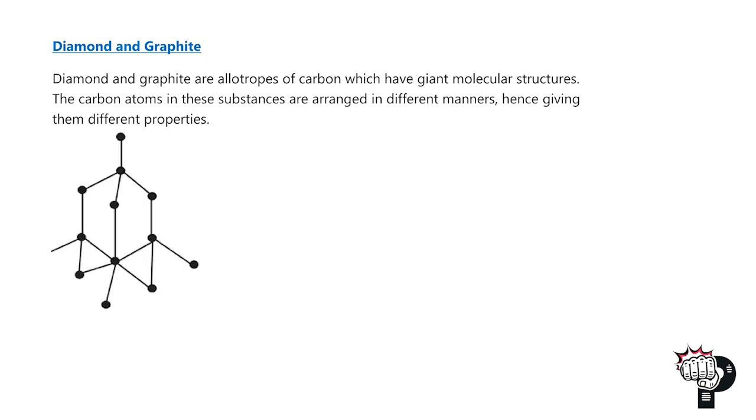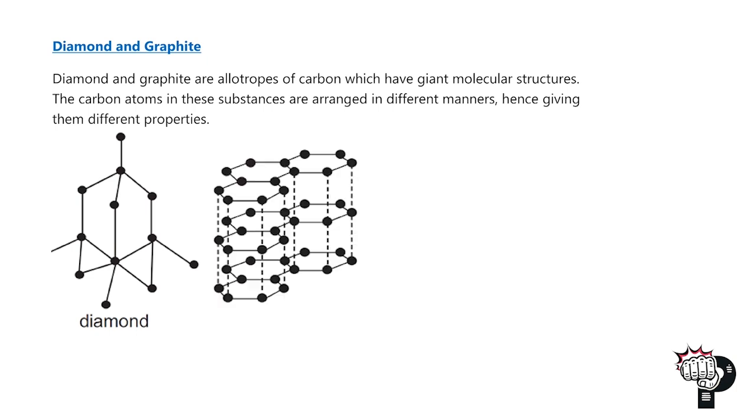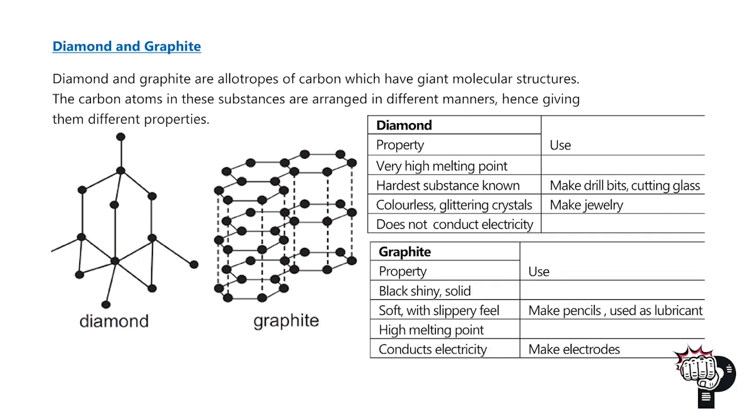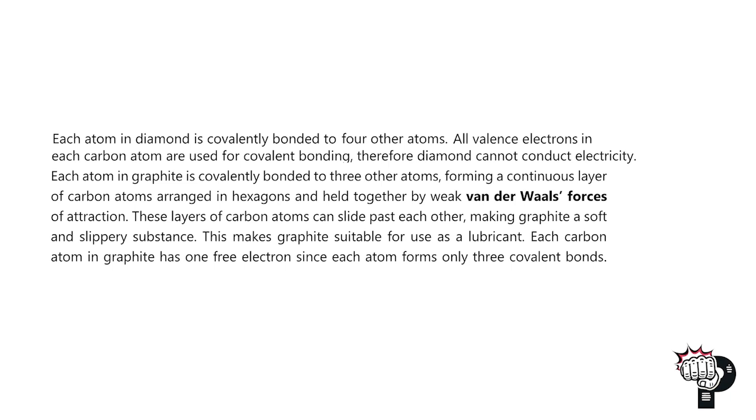Below are the structures of diamond and graphite. We can see the differences in the structures, the differences in the bonding. We see that in diamond, each carbon atom is bonded to 4 other atoms. And for graphite, each carbon atom is bonded to 3 other carbon atoms. Each carbon atom in diamond is covalently bonded to 4 other atoms.